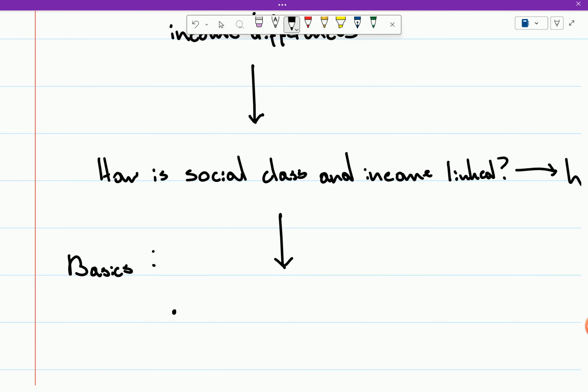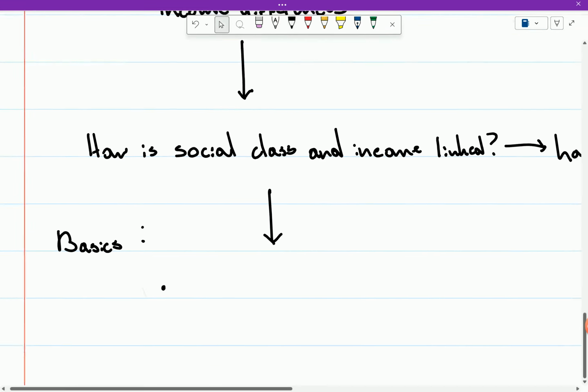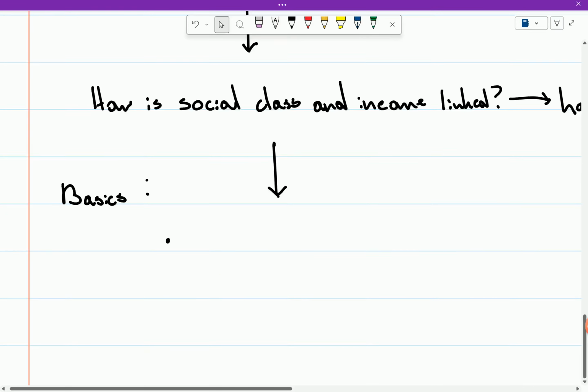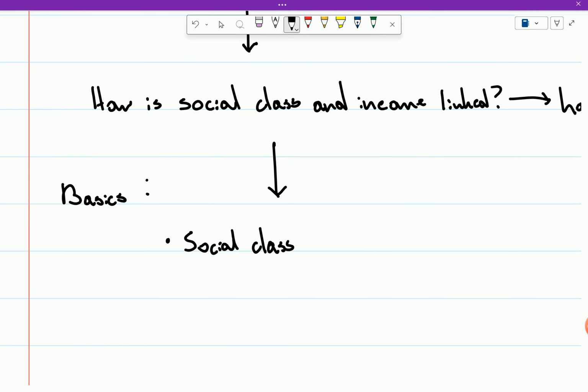So we know that social class can have an impact on income. Okay, that's very broad brush, I understand, but I'm sure you understand where I'm going with this. So social class, well, that's a statement right there.